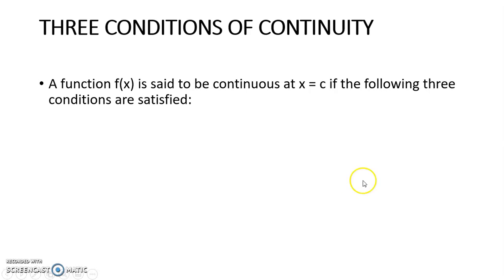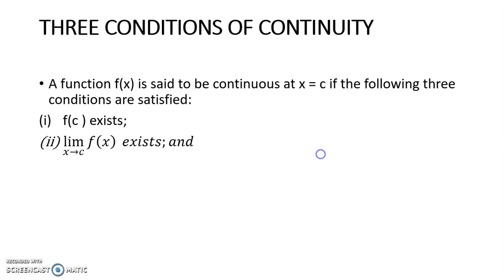Function f of x is said to be continuous at x equals c if the following three conditions are satisfied. First, f of c exists. Second, limit of f of x as x approaches c also exists.